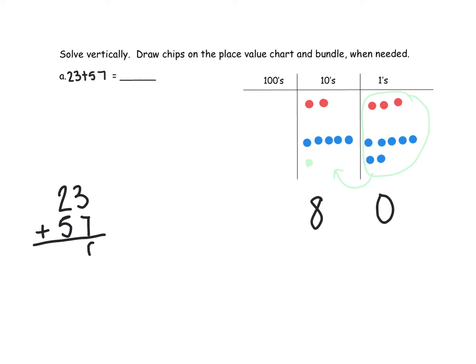So we're going to put a 0 in our ones place, and we're going to carry the 1 over to our tens place because we made another bundle of 10. And when we add our tens together, we have 5, 6, 7, 8. 8 tens, 0 ones. In all 3 of these methods, we can see that 23 plus 57 equals 80.